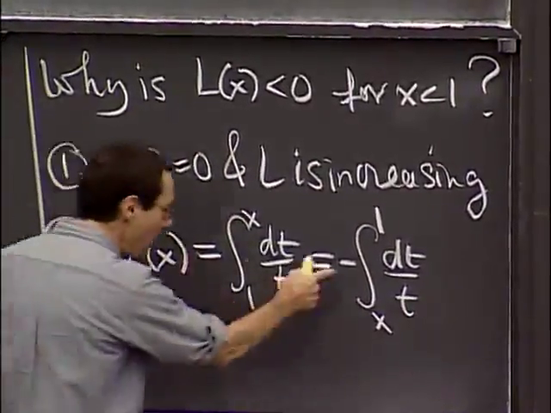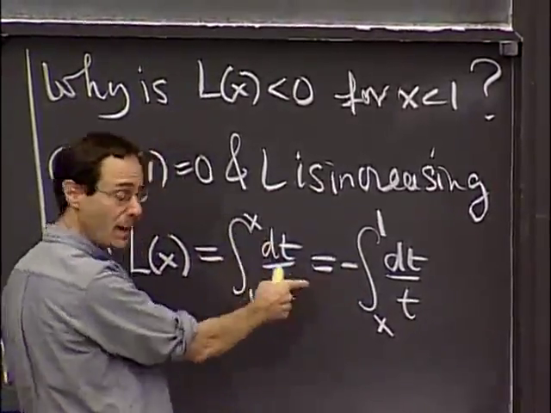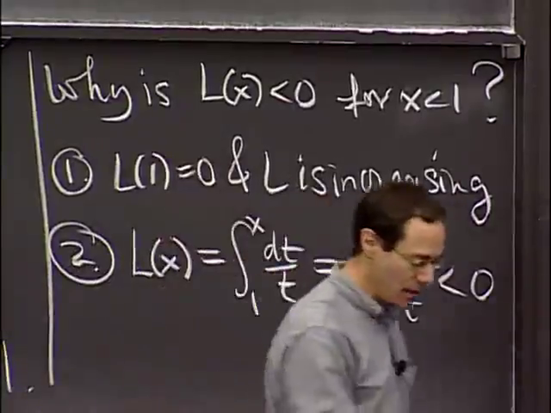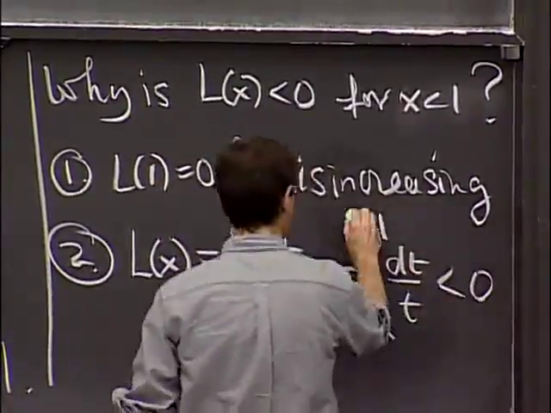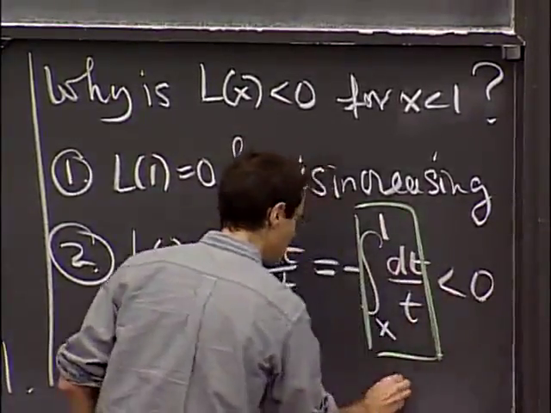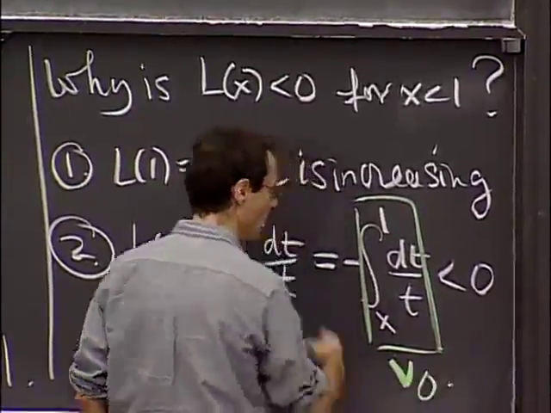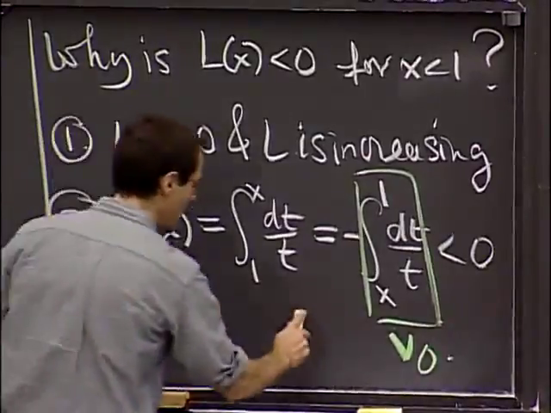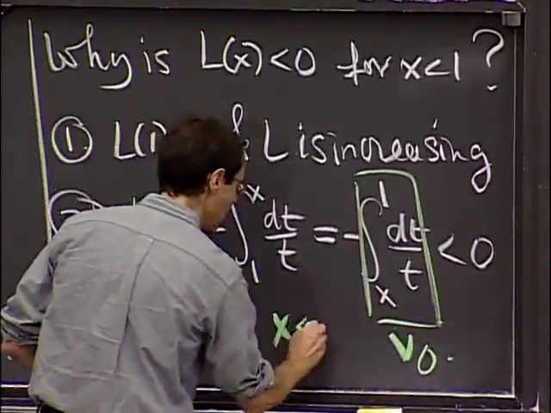Now, I can tell that this quantity is negative, and the reason is that this piece of it is a positive number. This part is positive because x is less than 1.